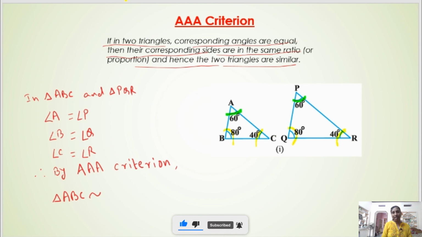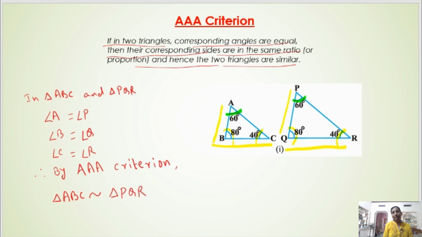It means here I am going through A to B and B to C. It means 60 to 80 and 80 to 40. Here also we should go through 60 to 80 and 80 to 40. It means we should write in the same order. It means triangle P, Q, R. So triangle ABC is similar to triangle PQR. Okay, I hope you have understood it very well.